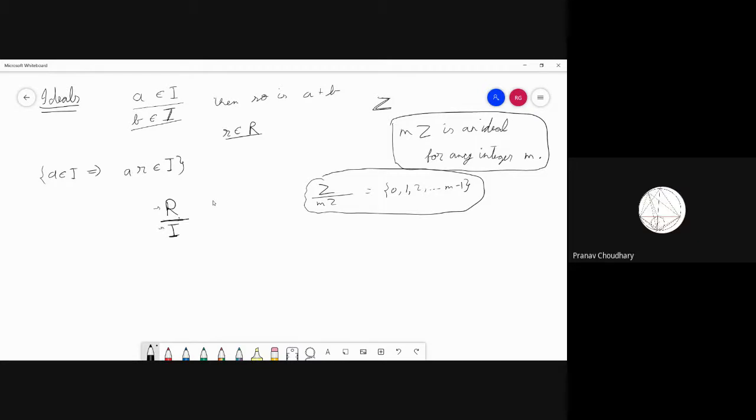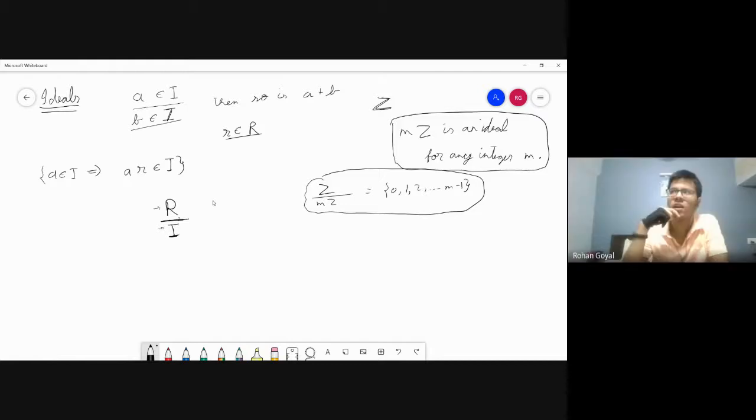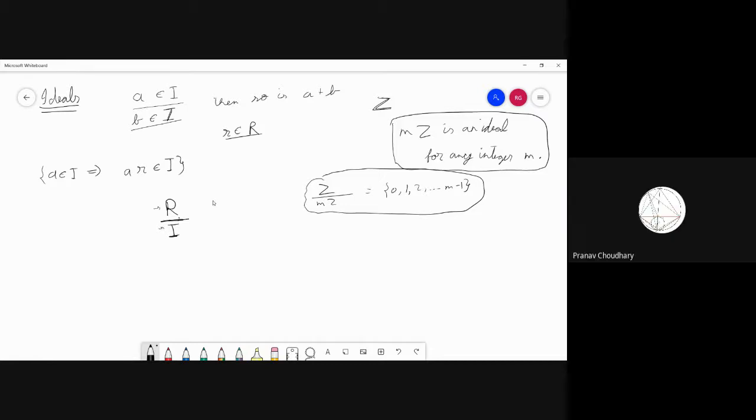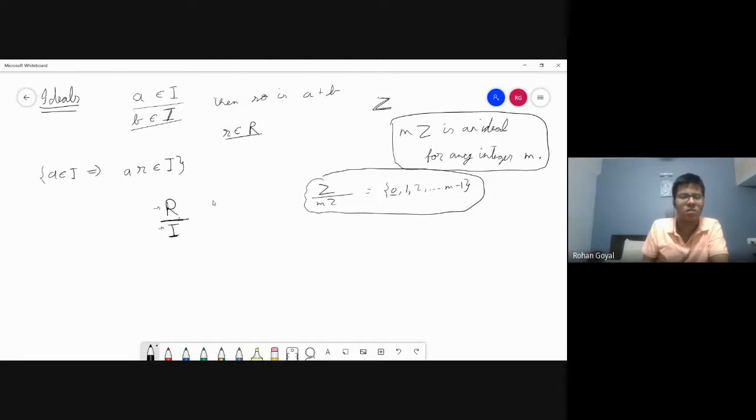R minus I? What do you mean by R minus I? Remove all the elements which are in I from R? MZ contains 0 and you don't have M plus 1 in MZ, and you don't have M plus 1 here either.